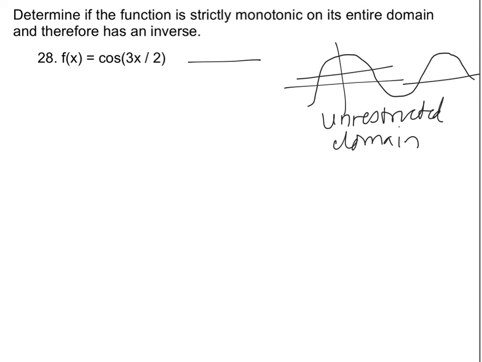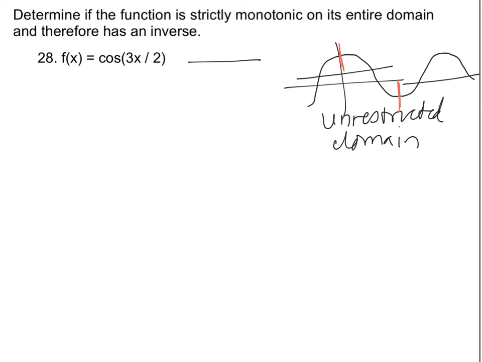So I know pretty much before taking the derivative that this one is not going to be monotonic if it's unrestricted. Now, if I restricted the domain from, say, here to here, then you can see that that part of the function would pass the horizontal line test. And therefore, that part of the function would be strictly monotonic.